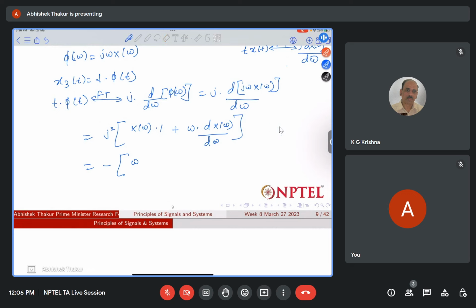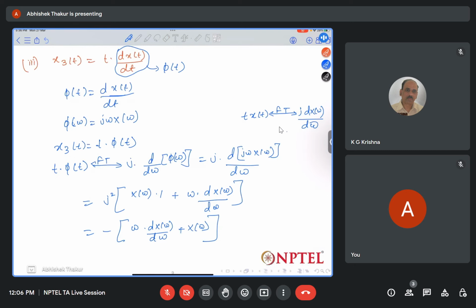I think in the previous example I told it becomes 1, sorry for that, it becomes minus 1. So here it will be minus omega into d of X(omega) by d omega plus X(omega). This is the final answer for this question.